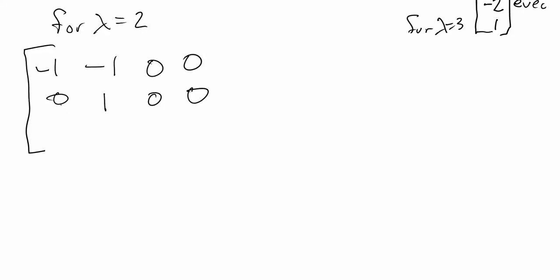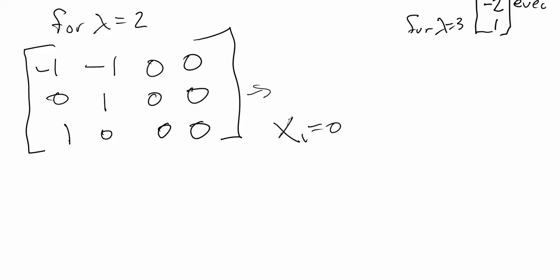And then in our last row we have 1, 0, 2 minus lambda, or 0, 0. From this last equation we know that x1 is equal to 0.